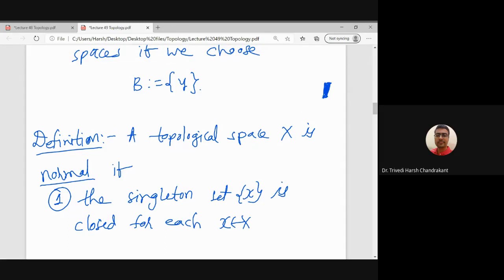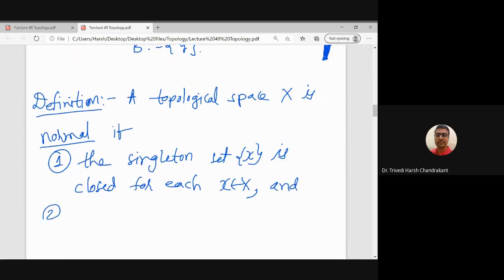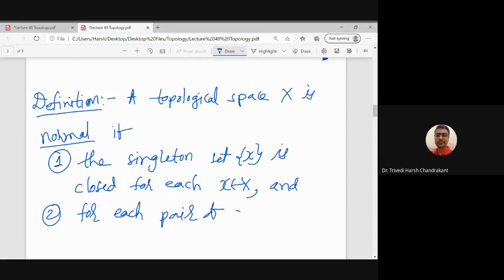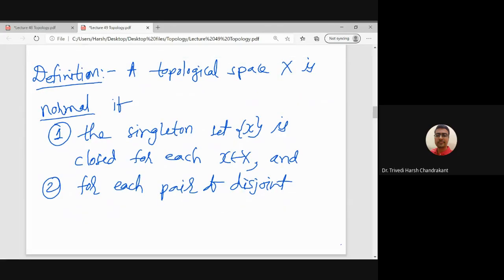And the second property is that for each pair of disjoint closed sets: instead of taking, as for regular spaces, one point x with a closed set B, now instead of the point x we will choose another closed set. So both the objects which we select are disjoint closed sets.